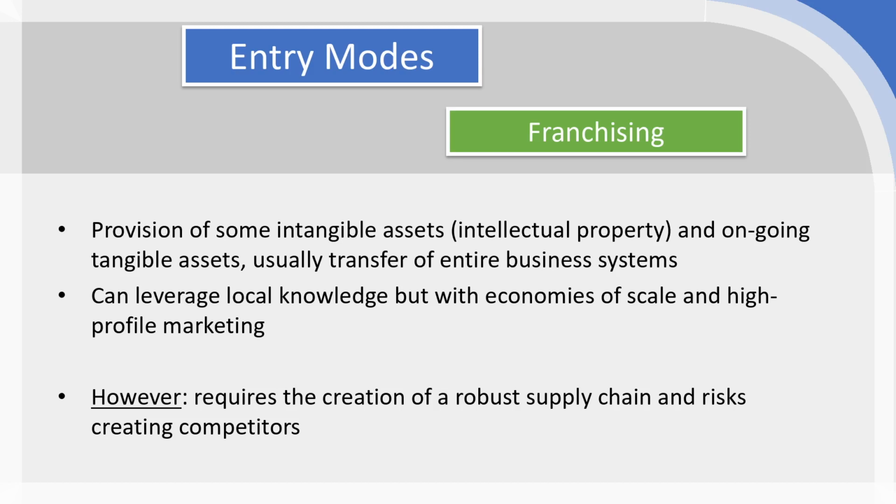So even though the risk is shared, because the actual physical units, the retail outlets, so if we're talking about KFC, the actual KFC stores are owned and operated by local partners, so local businessmen or business people or local investors, there is still a significant amount of infrastructure that is needed to allow them to operate as planned. So you're going to have to create a local supply chain to supply those KFC outlets with the ingredients and the chicken and so on.